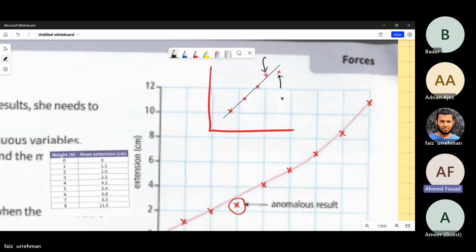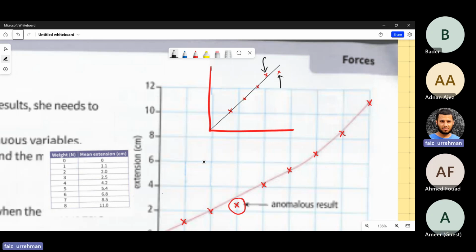But the line has to start from 0 if the values are starting from 0. If the values are not starting from 0, it will be just flying. Straight line, something like this.